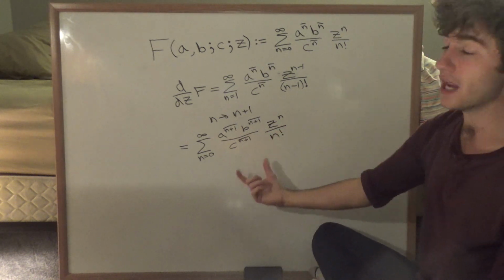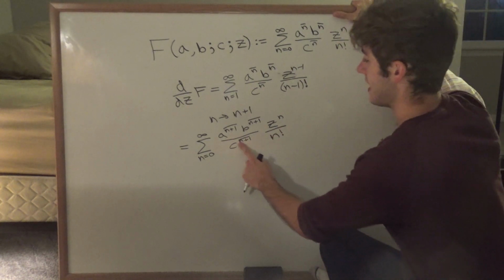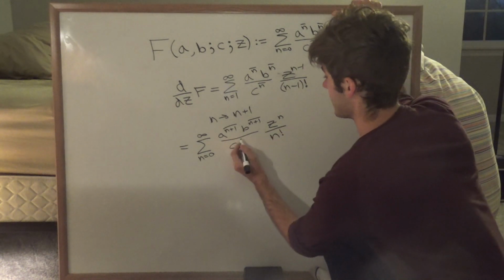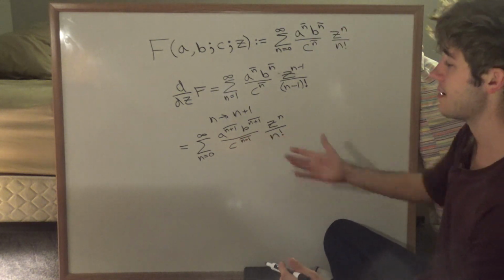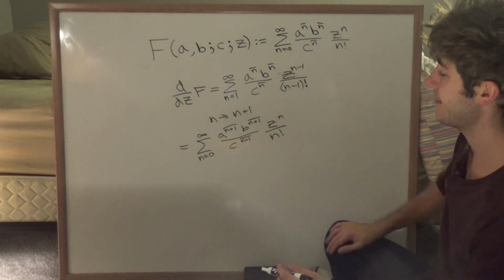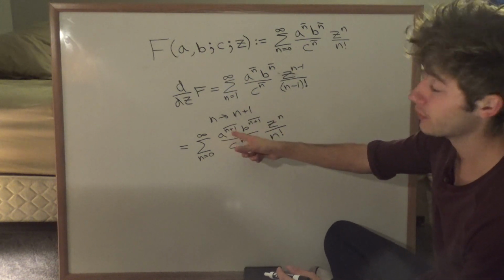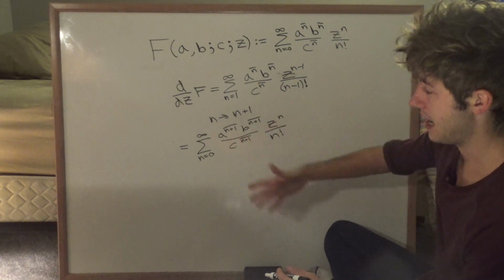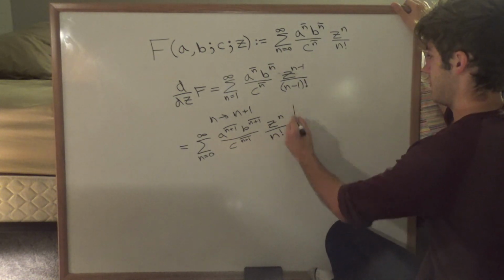But notice this is still not like the hypergeometric function, because we have n plus 1 as the height of the rising factorials, even though we've kept our a, b, and c, but we want n to be in there. So how do we do that? We need some way of representing an n plus first rising factorial in terms of an nth rising factorial, and it's not too hard to see how you might do that.